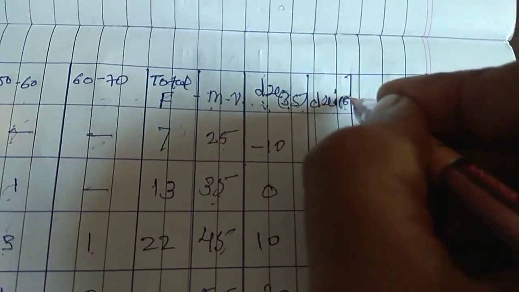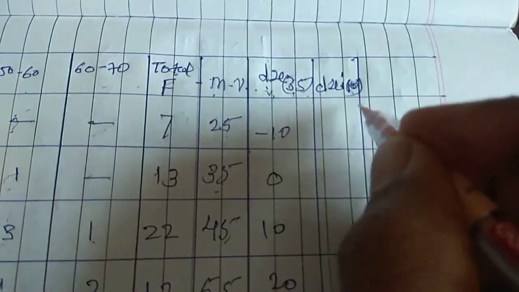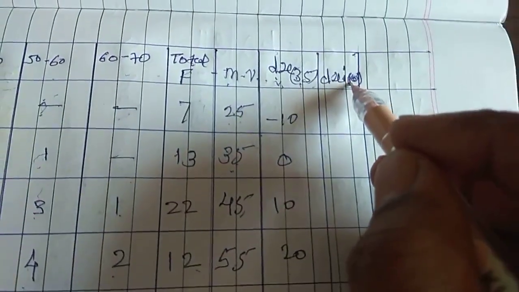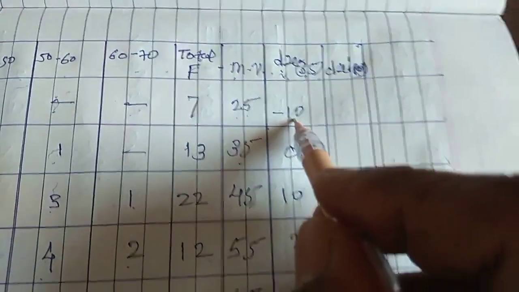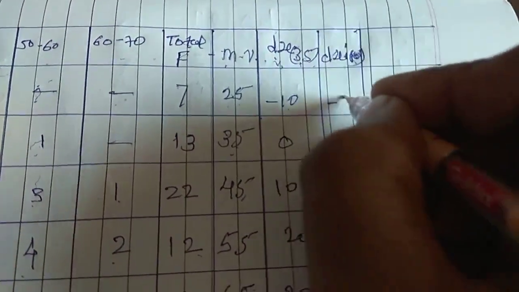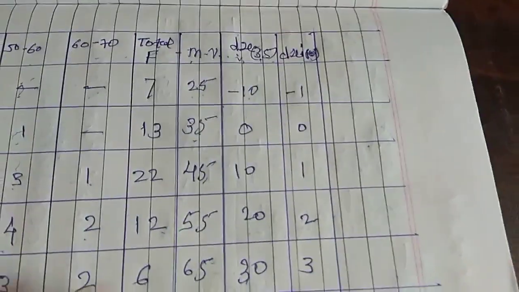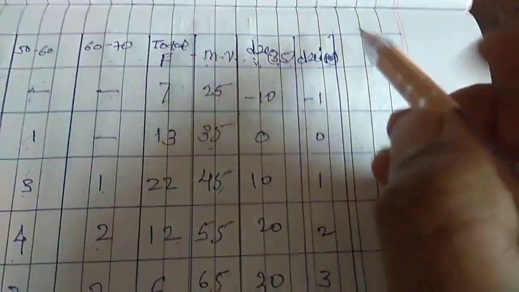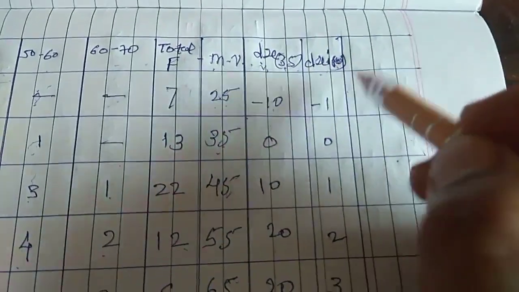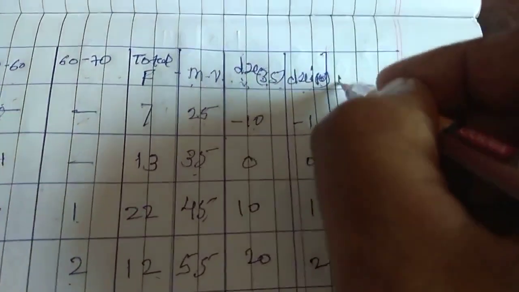So write here 10, and this 10 should be divided by every figure. So what remains? Minus 1, 0, 1, 2, 3. We know all these things, how dx should be made.